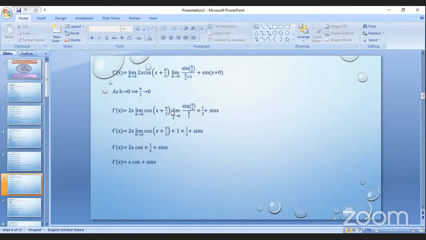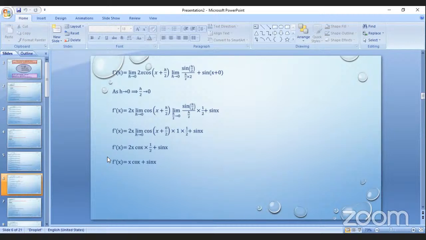So limit h by 2 tends to 0, sin(h/2) by (h/2) has value 1. So 1 into 1/2 plus sin x. f'(x) equals 2x cos x... cos x plus 0 is x cos x into 1/2 plus sin x.